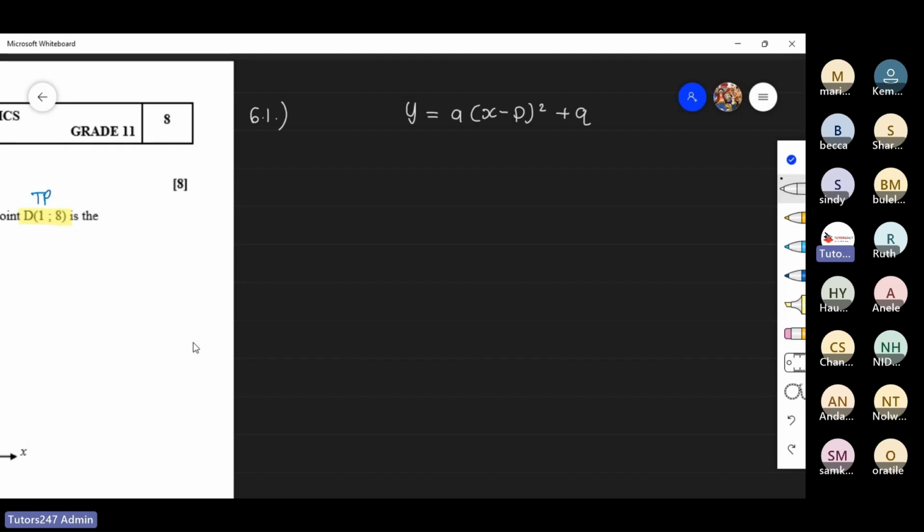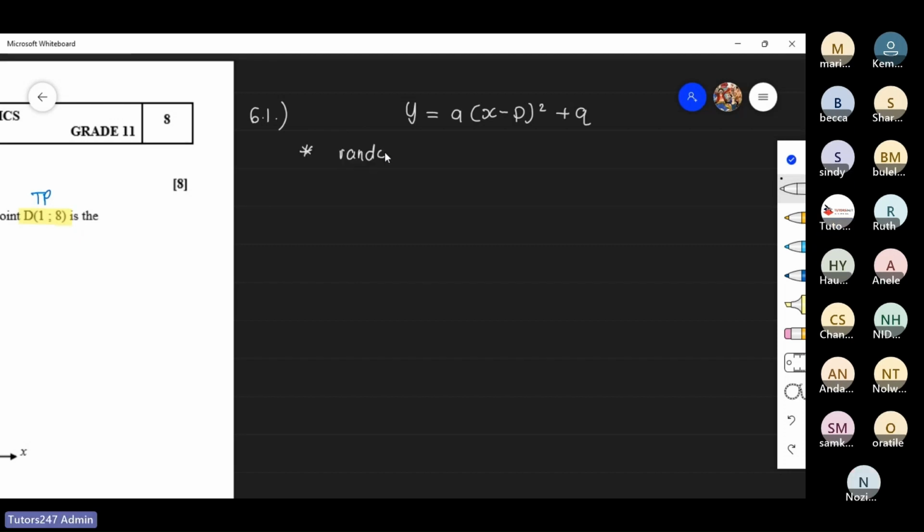Now, in order for us to use this form to calculate the equation of a function, we require two items. So we require a random coordinate and we require the turning point coordinates.